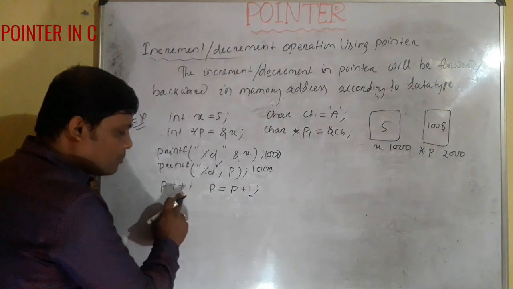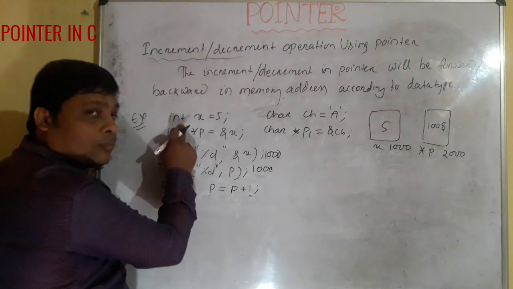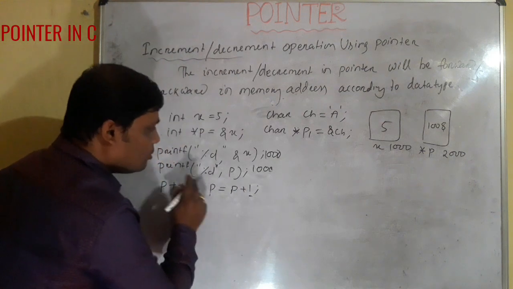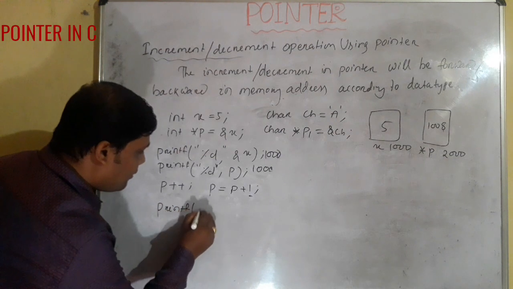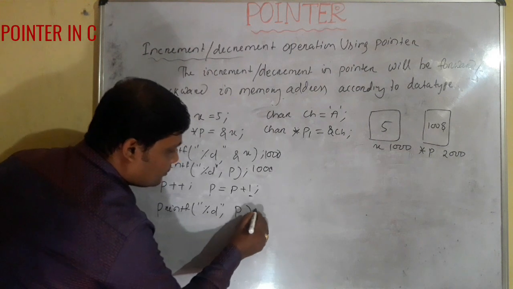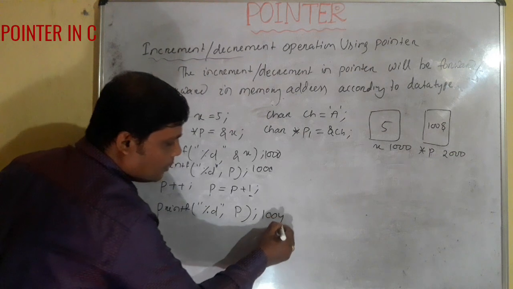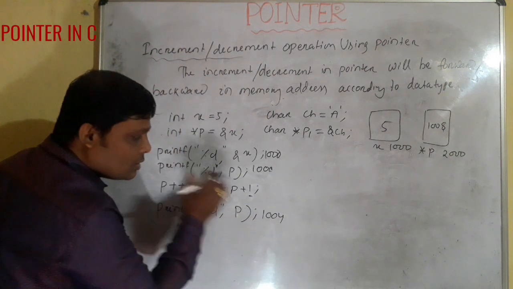Here you can see p plus plus means p equals p plus 1. Here the pointer is 4 bytes. If I print printf percent d then p, now it is printing 1004, as we have already discussed. How do you find this 1004?